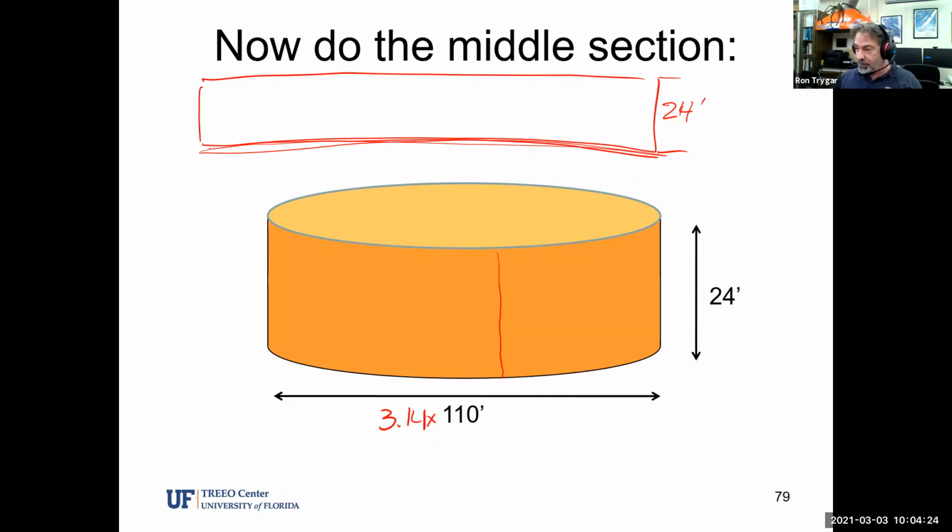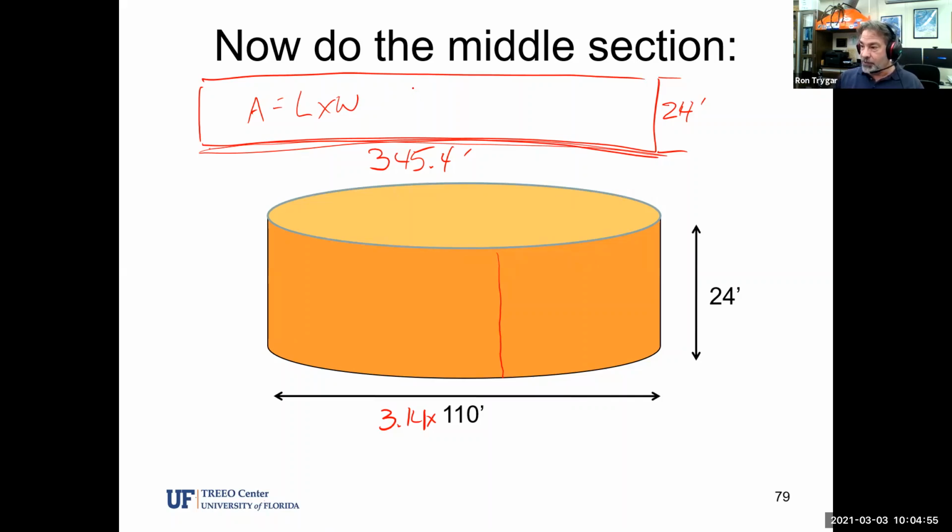For the linear feet, I have now 345.4 linear feet. And how do I come up with square feet? How do I come up with the area of a rectangle? Area of a rectangle is length times width. So now what I need to do is multiply the 345.4 times 24.